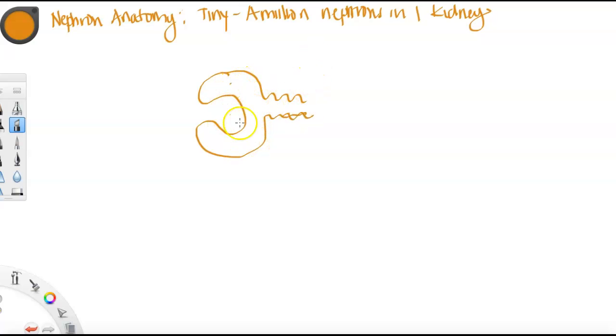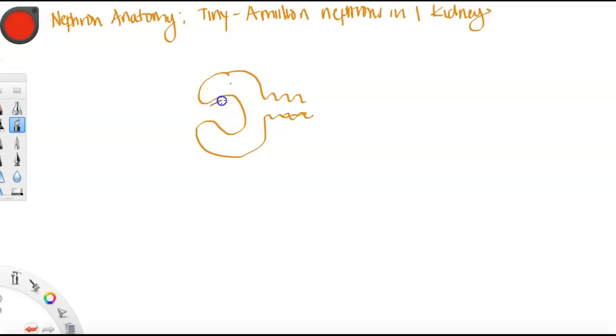Okay, so it looks like a little claw here. This is not flat, it's a sphere, okay? And this area, which has a space in it, surrounds a knot of capillaries.